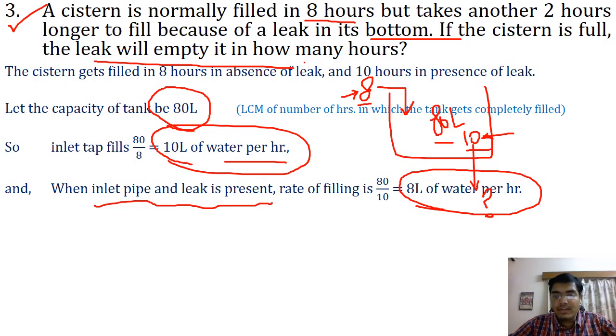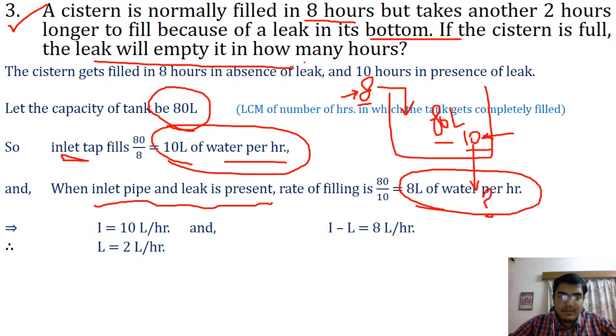Now we have to take out the rate at which water is leaking out of the cistern. So if I take the inlet pipe rate as I, then I equals 10 liters per hour, and I minus L is the rate at which the cistern is getting filled, where L is, let's say, the rate at which the cistern is leaking.